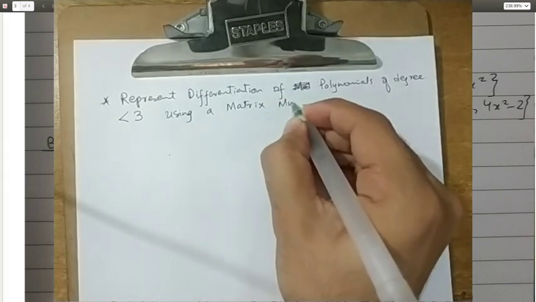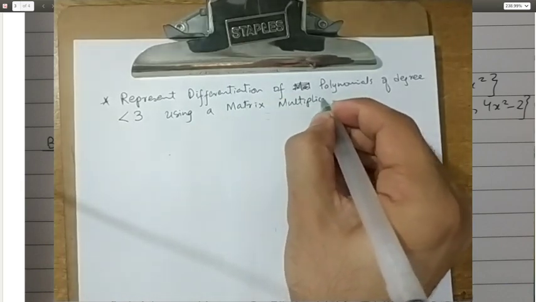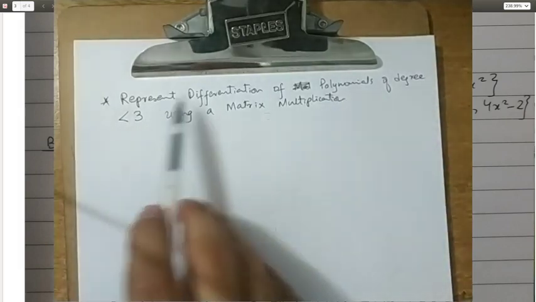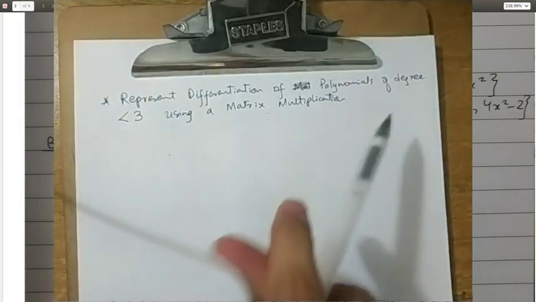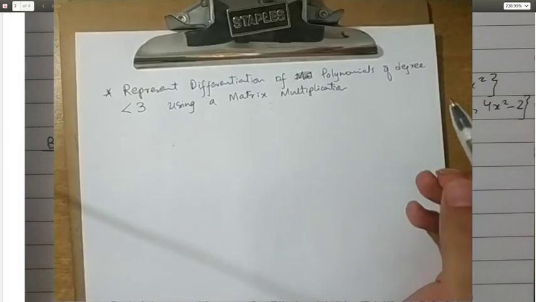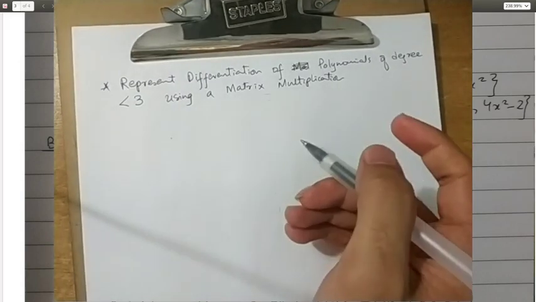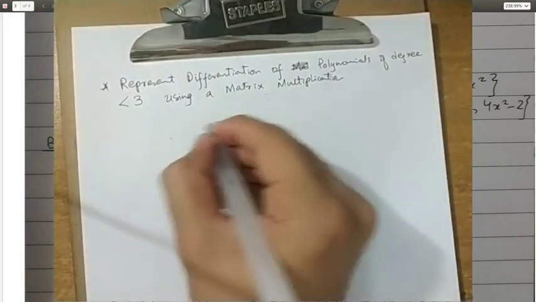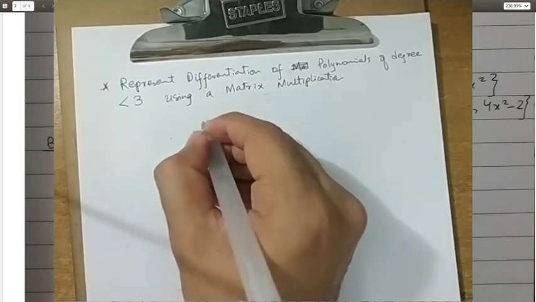This is quite interesting because differentiation of polynomials is being converted into a matrix multiplication, which is a strange thing to do, but perhaps we can have an idea of what we are trying to achieve.